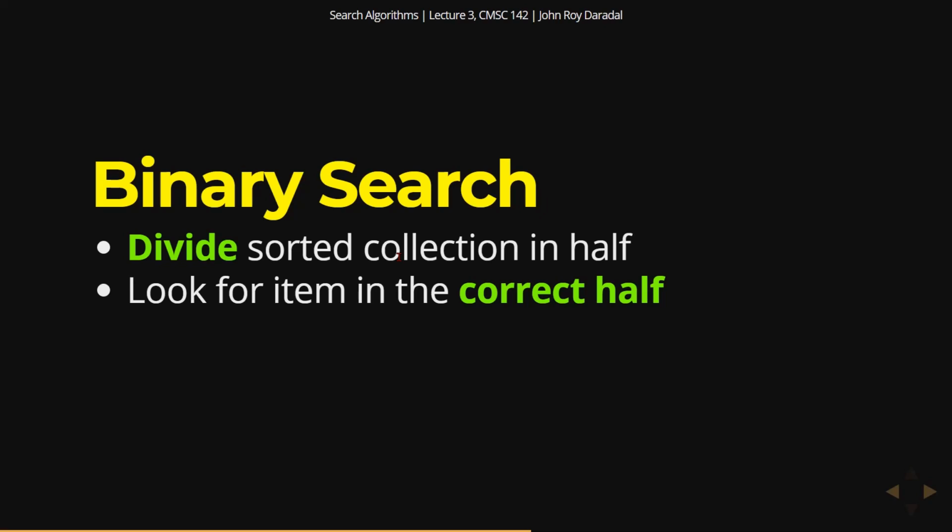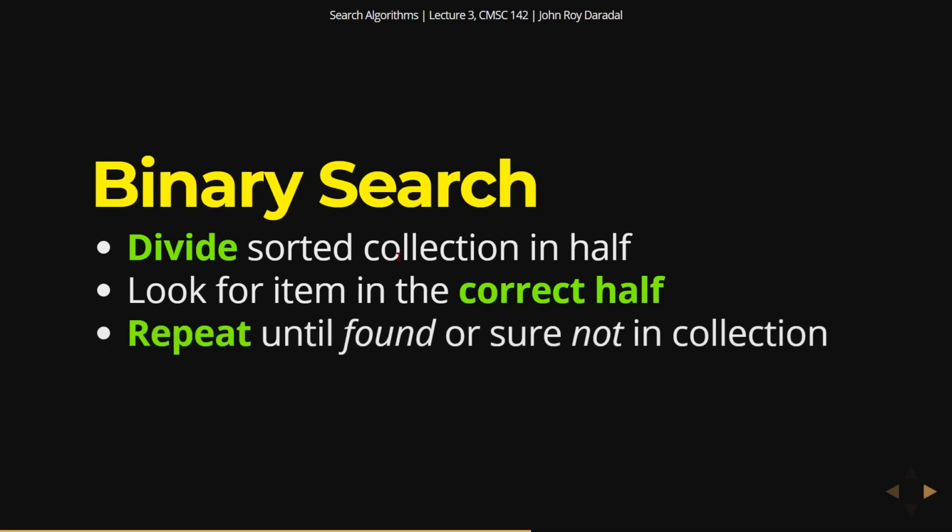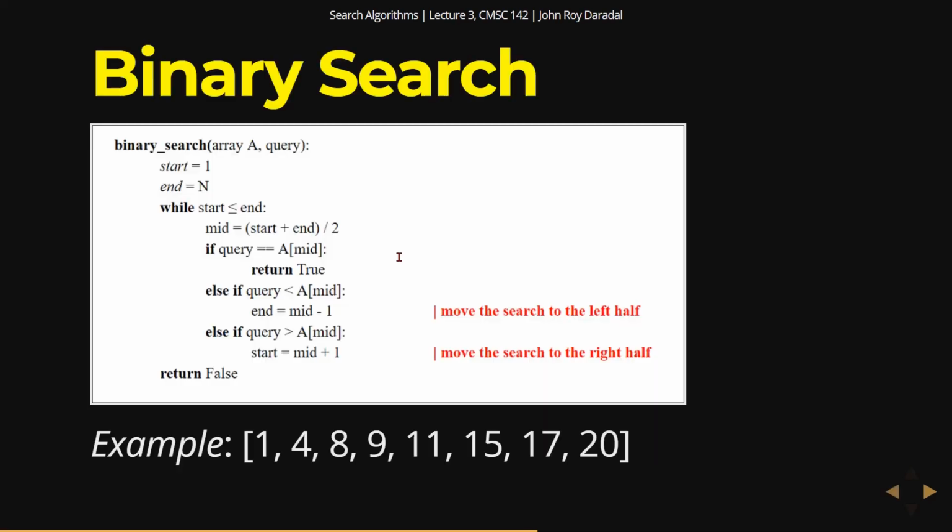If the item is bigger than the middle, then you look for it in the right part. If it's smaller than the middle, look for it in the left half. You repeat this process until you've found the item, or you are sure that it's not in the collection.